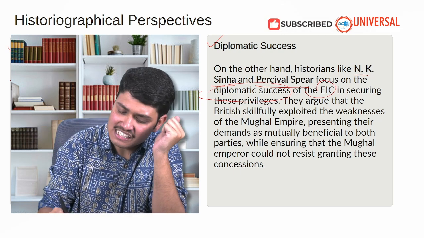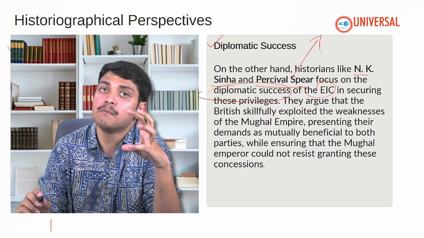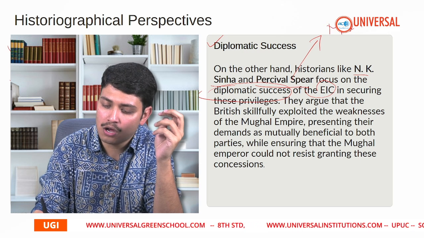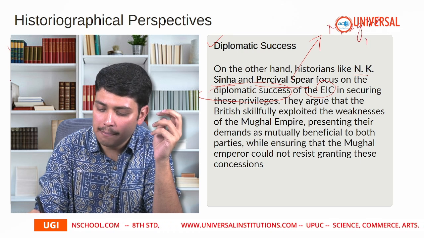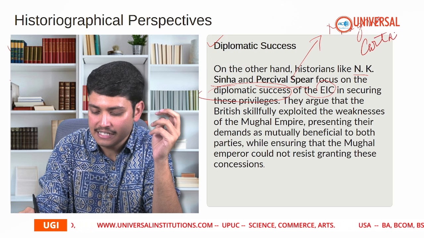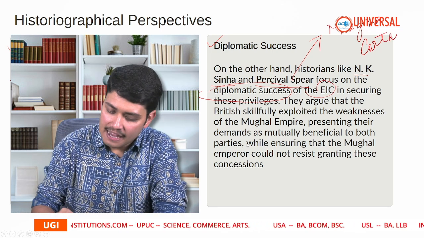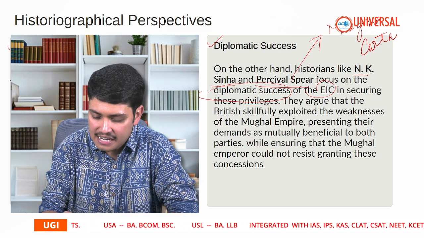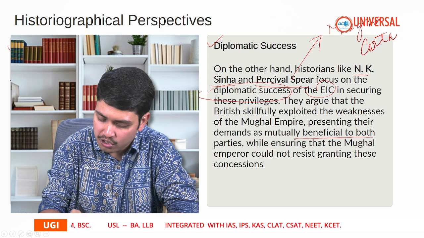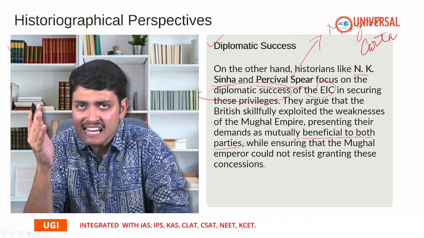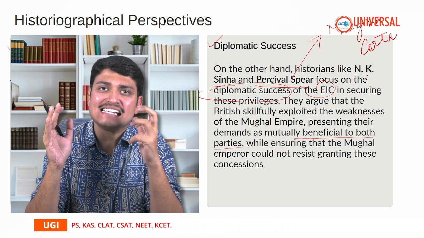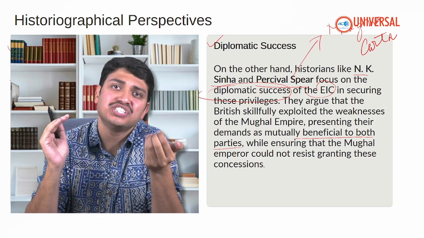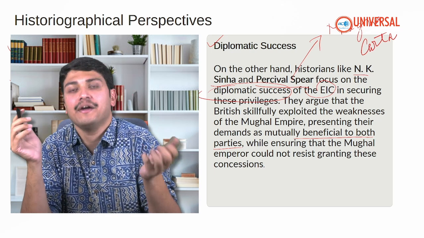And Percival Spear, that is why, directly claimed that this Farman of 1717 is the Magna Carta of British imperialism in India. Both these theories claim that it benefited both parties. Although we as students of history can say that it was ultimately a financial loss for the Mughal Empire.